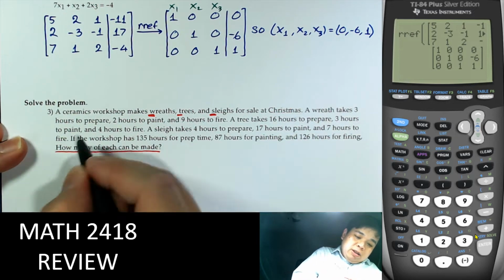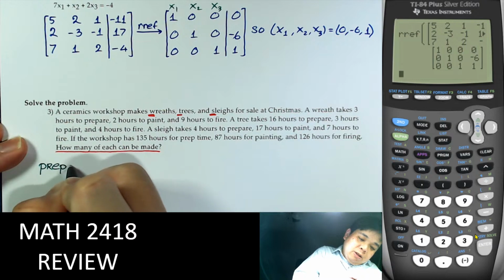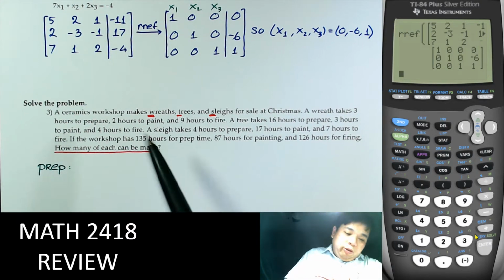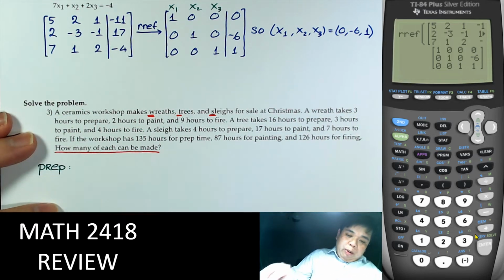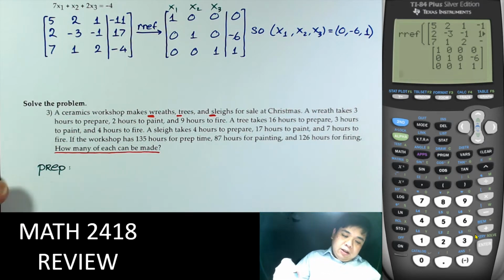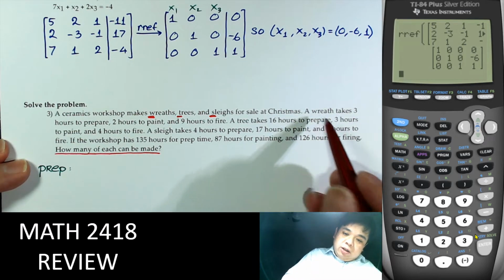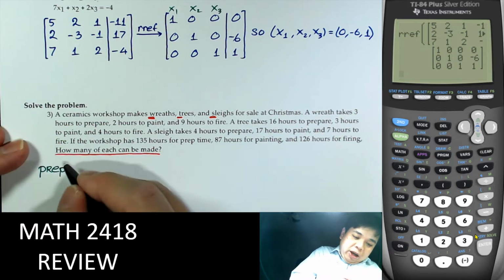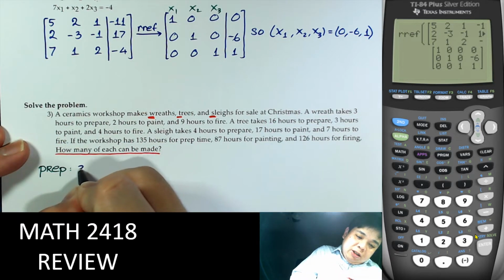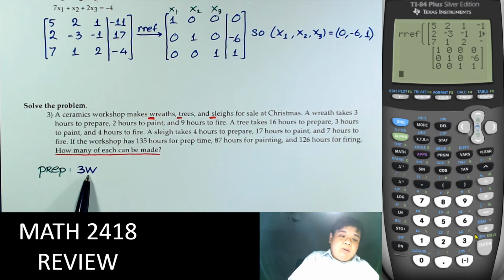For prep, a brick takes 3 hours to prepare. Each one takes 3 hours, so multiply by 3.